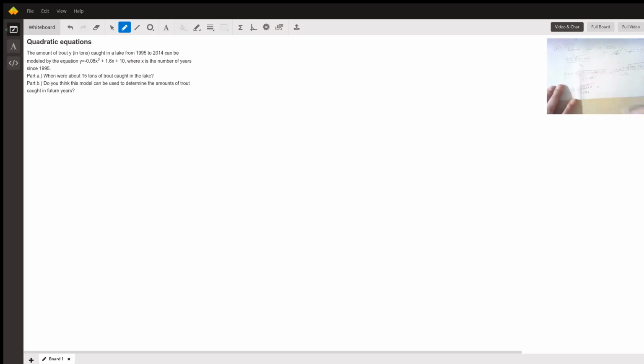And so we are ready to square root. The square root of 5.76 is 2.4. That's actually very pretty. So you get negative 1.6 plus or minus 2.4 all over negative 0.16.